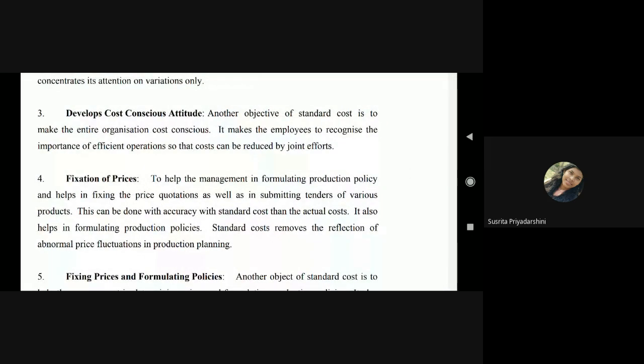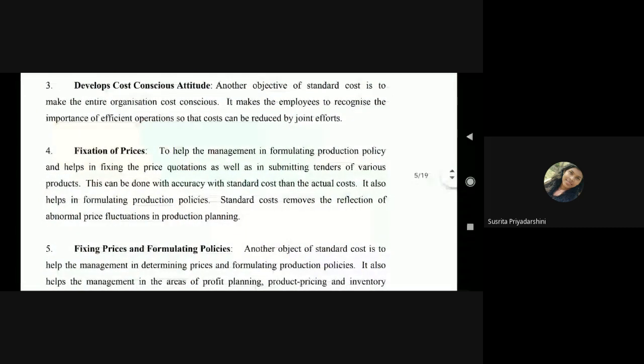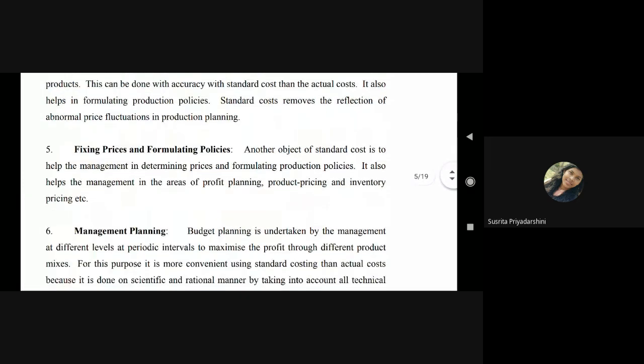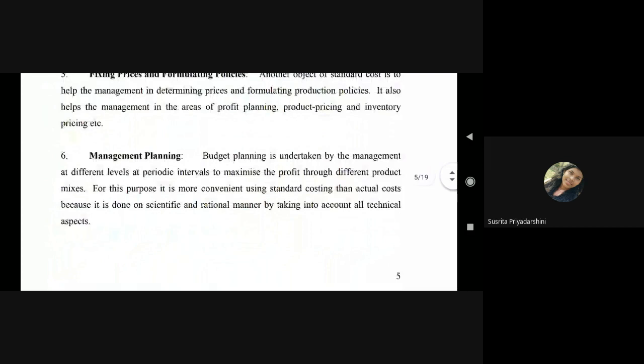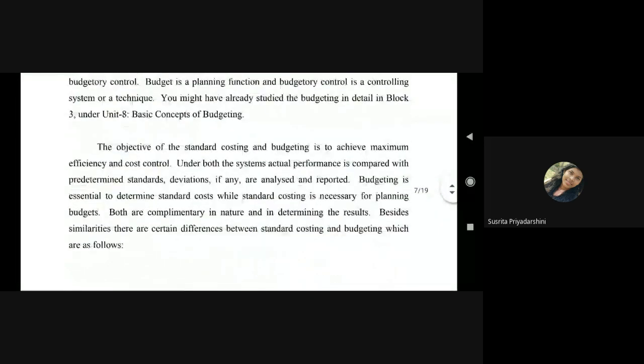Also, this is one of the major objectives for which standard cost is fixed: to help management in formulating production policy and in fixing price quotations. Next, fixing prices, formulation of policies and management planning. These are the points. You can also read this one.